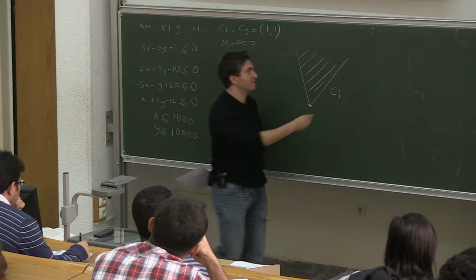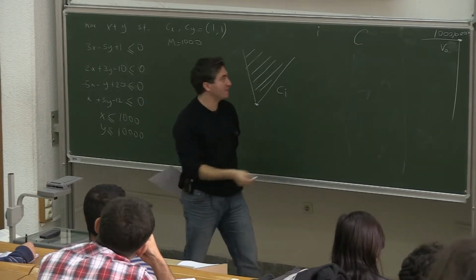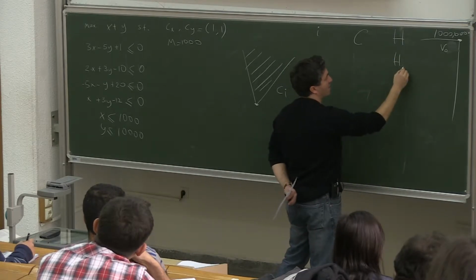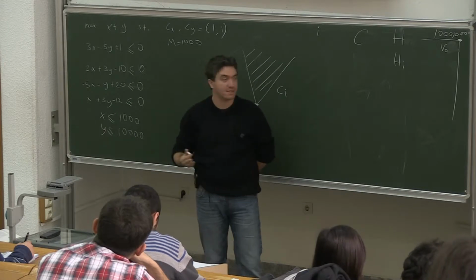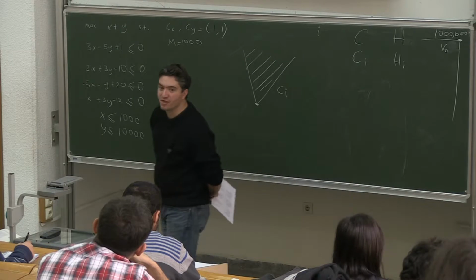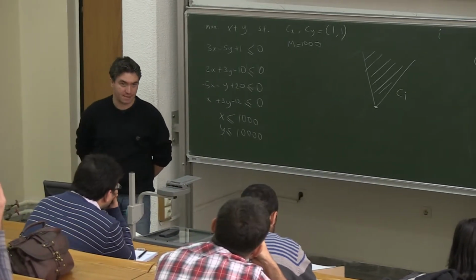Okay, Hi denotes the set of the first I half planes, and Ci denotes the feasible region determined by the first I half planes.